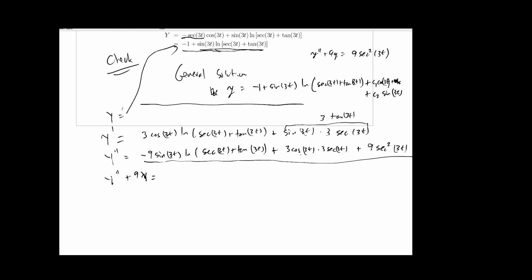This term here is exactly 9 cosine 3t times secant 3t, which is 1. When I add 9 times the negative 1, I get 0. So y double prime plus 9y gives me 0 for those parts, and I'm left with exactly 9 secant squared 3t, and that's a big old check mark. Everything works out beautifully. We have a good solution, which means our general solution was correct.